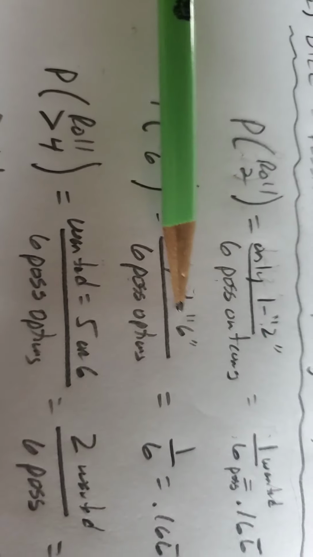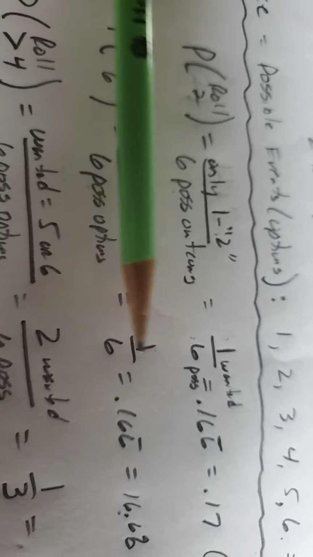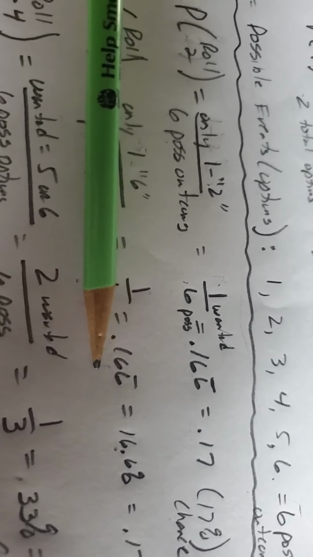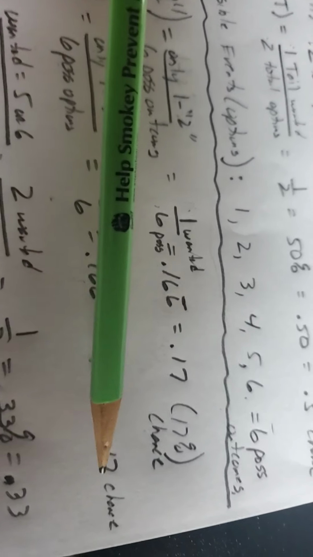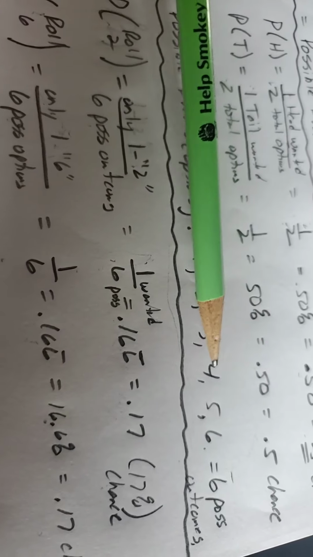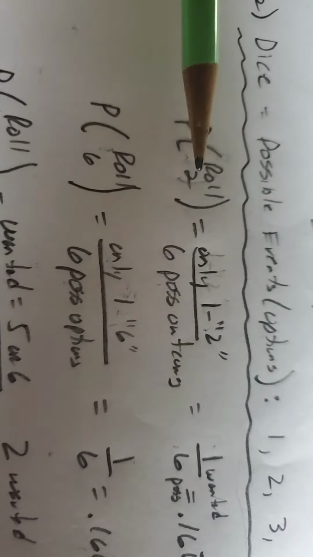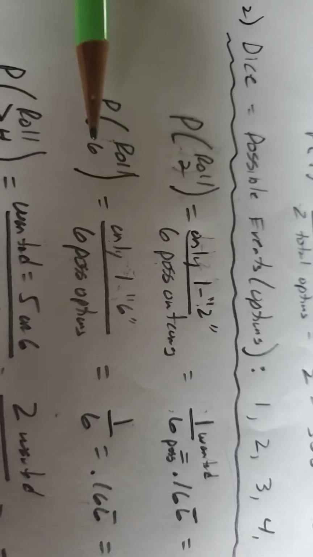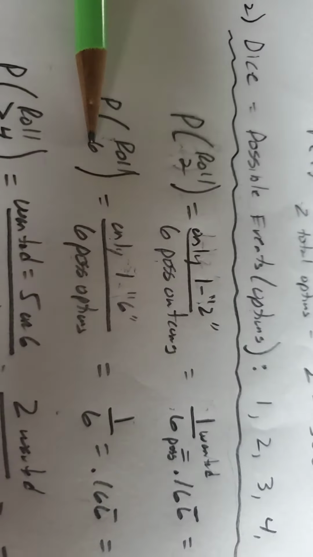The only thing I want to roll is a 6, and there's only one chance to do that. 1/6, or again 0.1666, there's a 17% chance. And as you probably knew, you have the same probability of rolling a 6 as you do a 2. You have the same probability of rolling a 4 as you do a 1. Of course, in elementary school, the mistake people would make is they think the probability of rolling a 2 is 2 out of 6. They think the probability of a 6 is 6 out of 6.